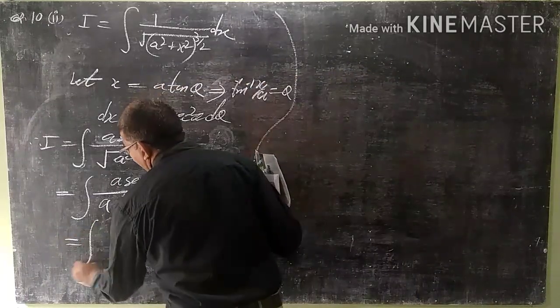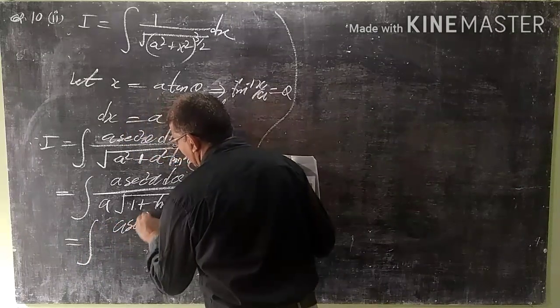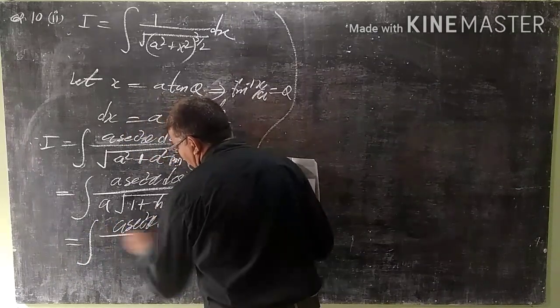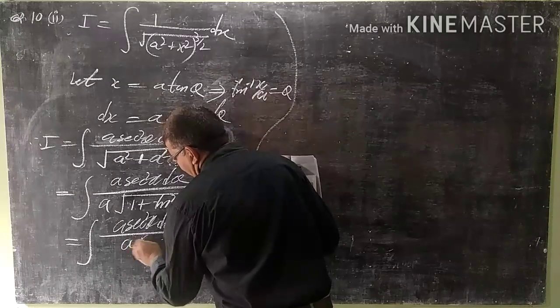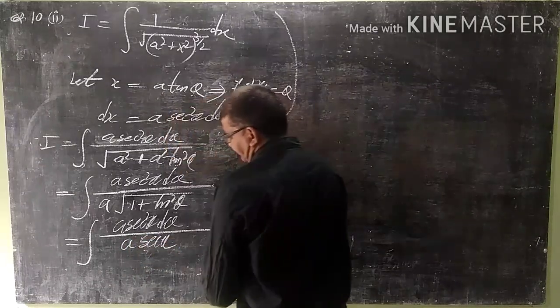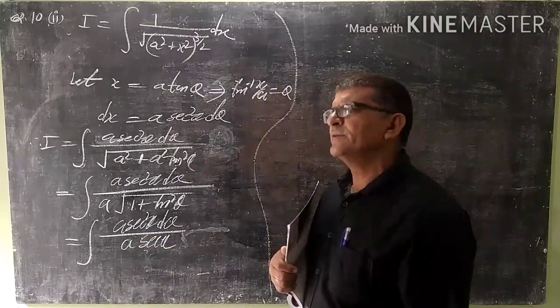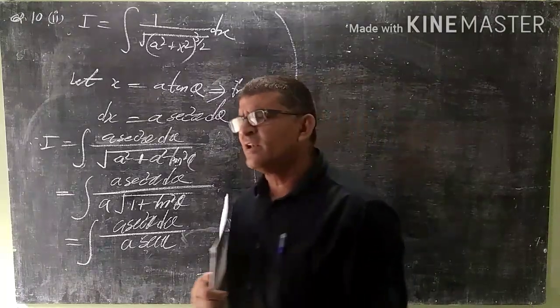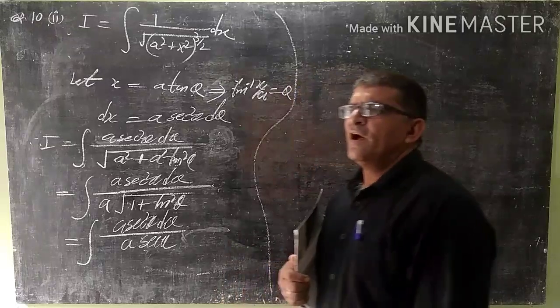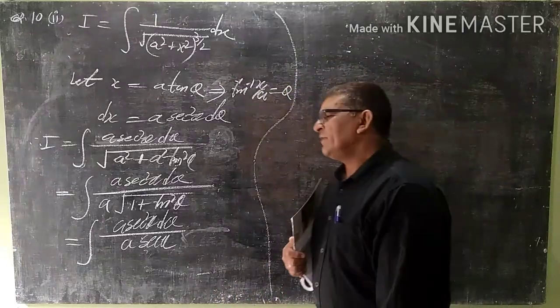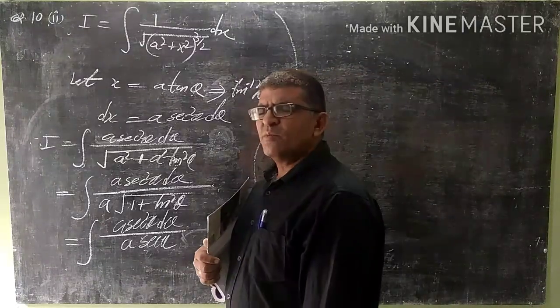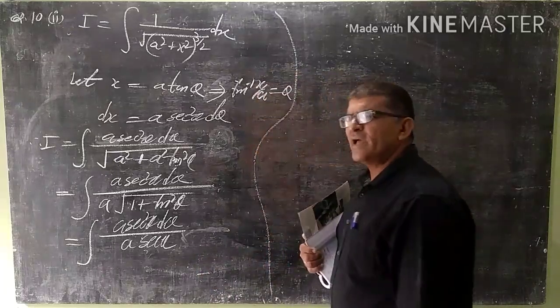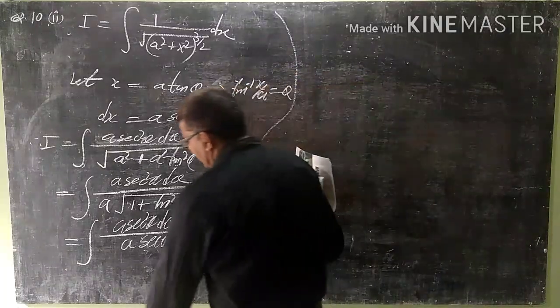Then the further step, a sec square theta d theta upon a sec theta, because 1 plus tan square theta equal to sec square theta, it is in under root. That is why if under root will be removed, then square will also be removed.